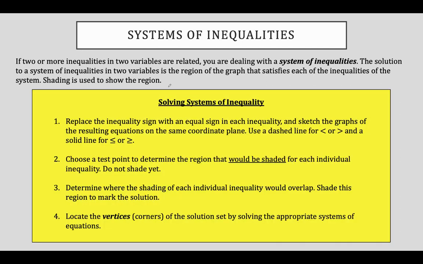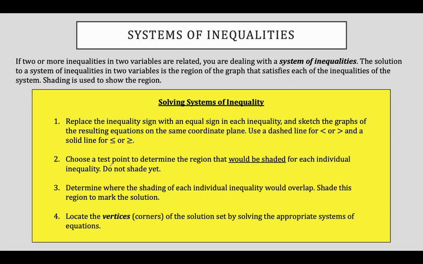Here are steps for solving systems of inequalities. Step number 1. Replace the inequality sign with an equal sign in each inequality and sketch the graphs of the resulting equations on the same coordinate plane. Use a dashed line for less than or greater than, and a solid line for less than or equal to or greater than or equal to.